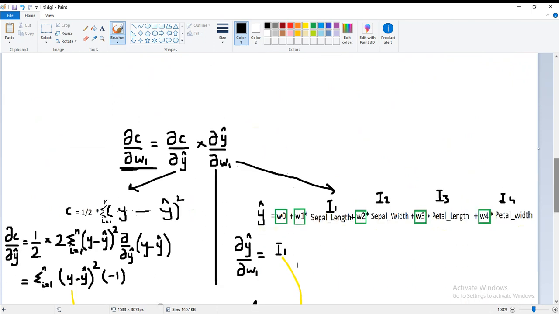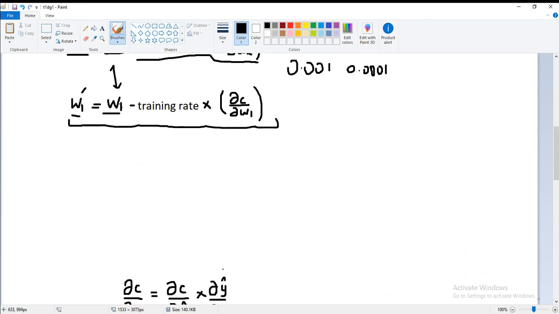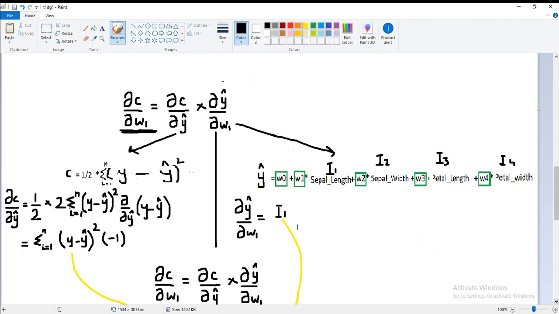This partial derivative of cost with respect to w1 is being used in the weight update formula, and we need to calculate it to use in the weight update formula.